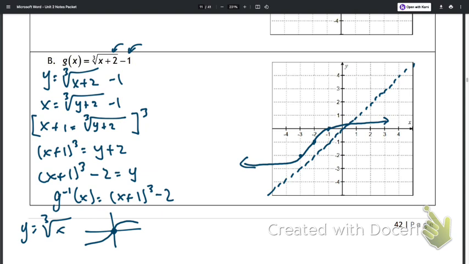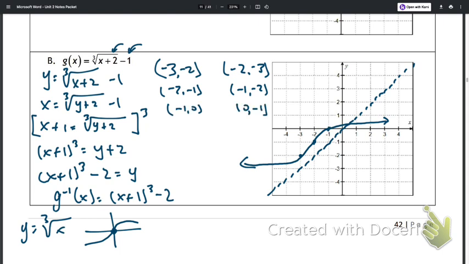All right, on the other one, you had the ordered pairs negative 3, negative 2, which will become negative 2, negative 3. You had the ordered pair negative 2, negative 1, which will become the ordered pair negative 1, negative 2. And then you had the ordered pair negative 1, 0, which will become 0, negative 1. So graphing those, we've got -2, -3.